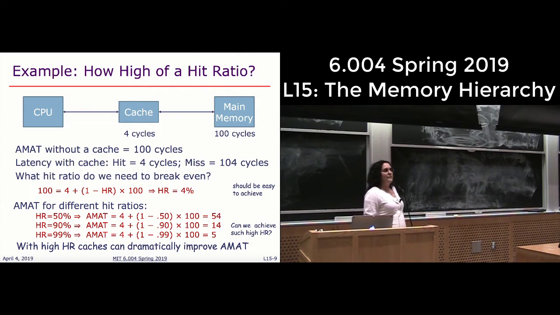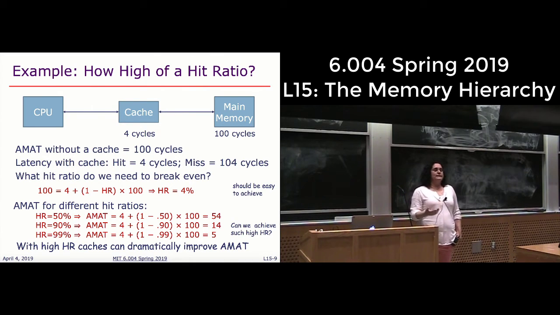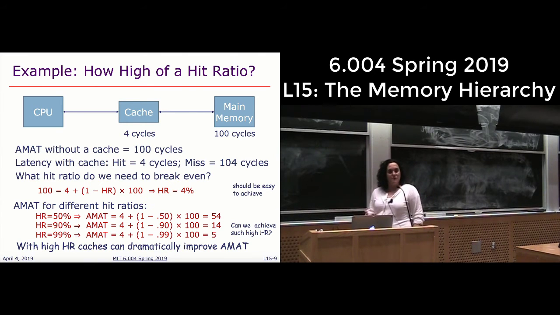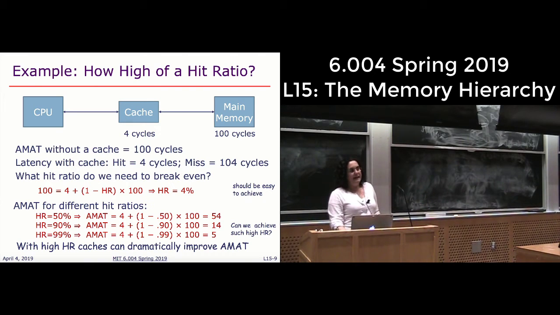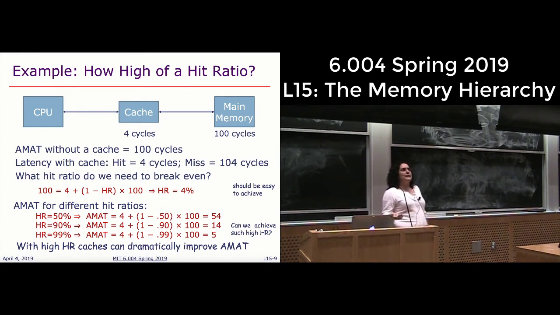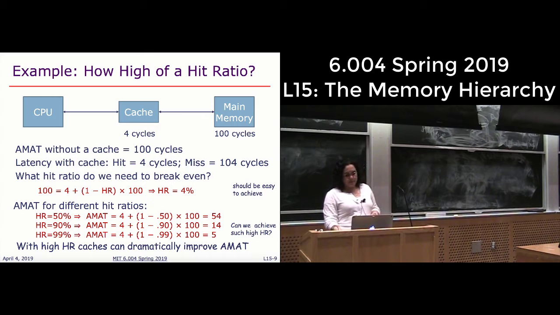What about with the cache? So my latency with the cache is 4 cycles when I have a hit, and it's 104 cycles when I have a miss. Okay? And so the first question I might want to ask myself is, well, how high does my hit rate have to be just to break even, to get to the point where adding this cache to my system isn't making my performance any worse?